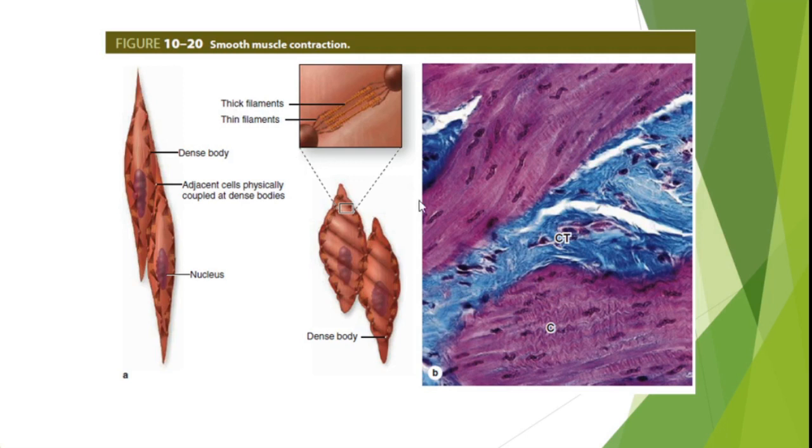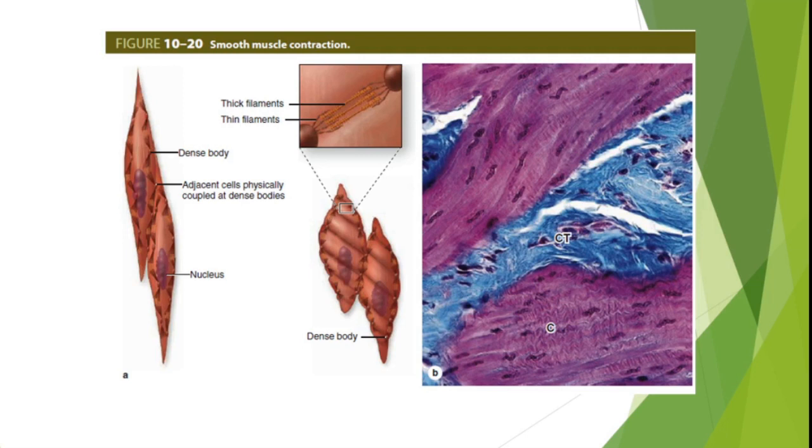So again, recap tayo. We have three histological classifications of muscle tissue, namely the skeletal, the cardiac, and the smooth muscle. For the functional classification, we have voluntary and involuntary. And for the structural classification, we have the striated and non-striated types. Okay?